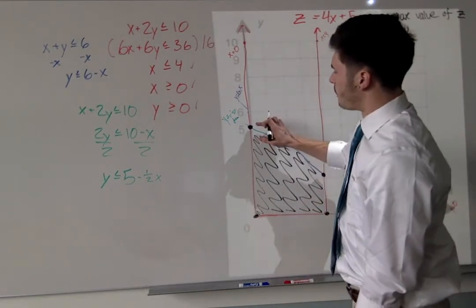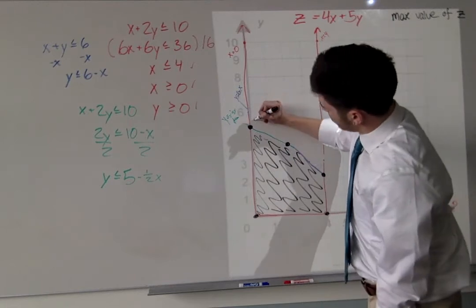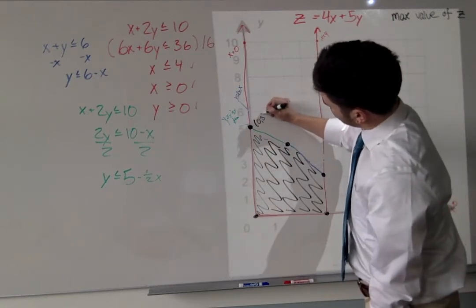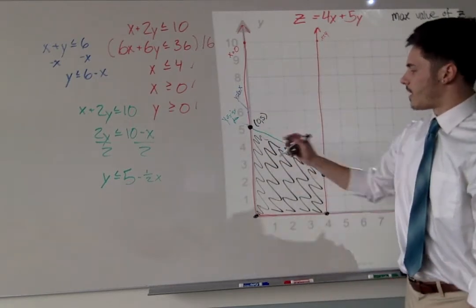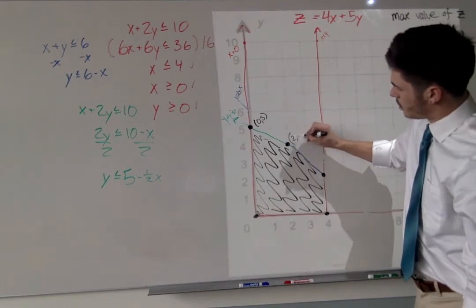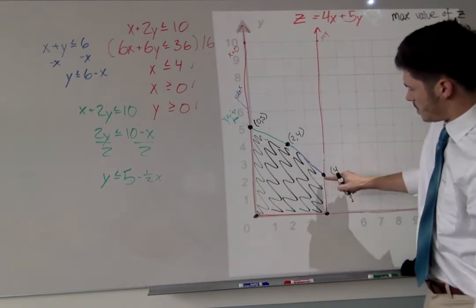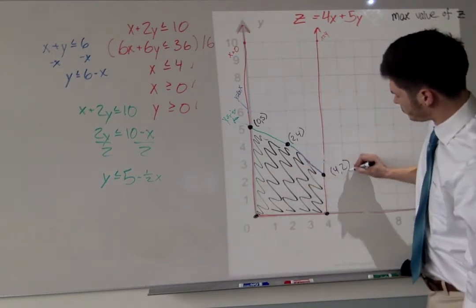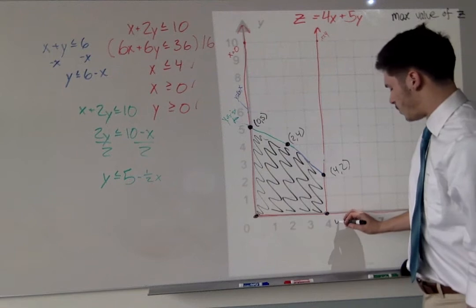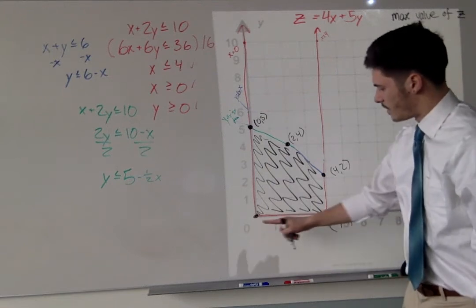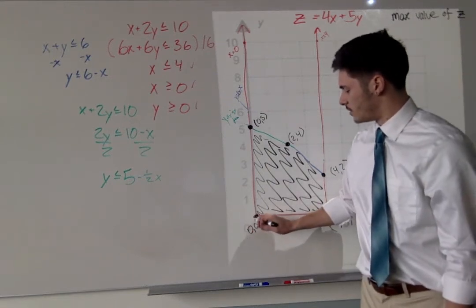So we're going to take these vertices. We're going to give them each coordinates. So we know that this one's 0, 5. We know this one's 2, 4. Here we got 4, 2. Got 4, 0. And lastly, we've got 0, 0.